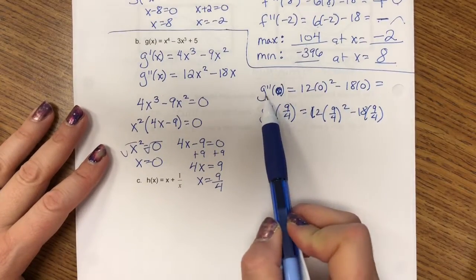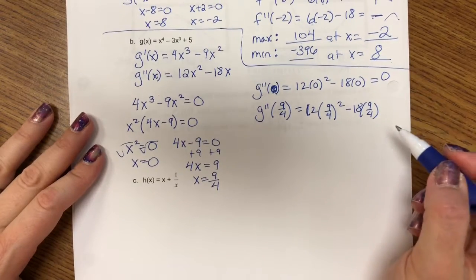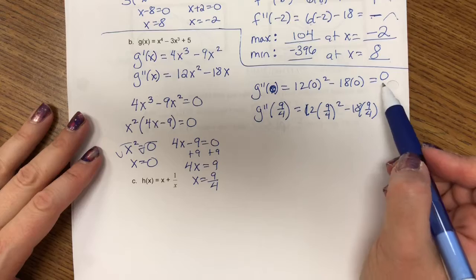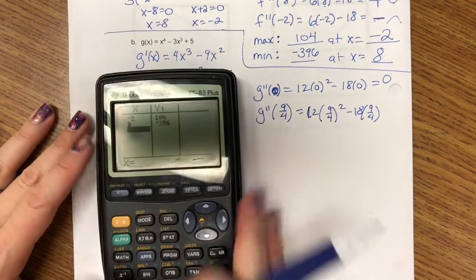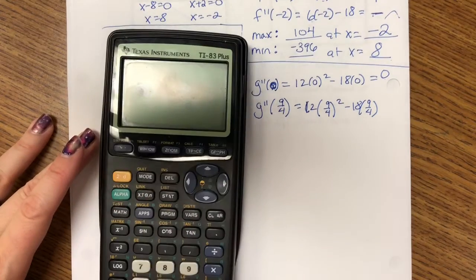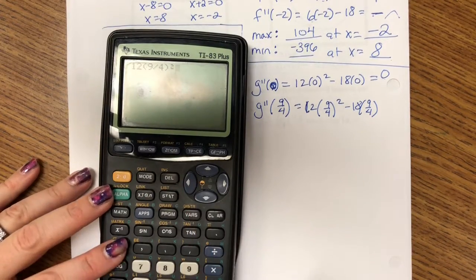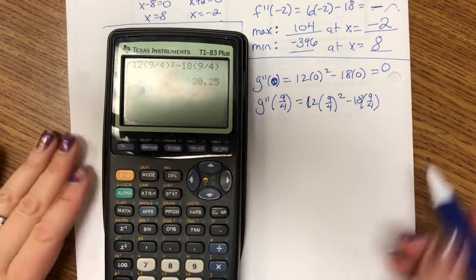So g double prime here, 12 times 0 minus 18 times 0 is 0. And that's going to be a problem because 0 is not positive or negative, so we have to figure out what to do with that. So then let's do the 9/4. That's positive.